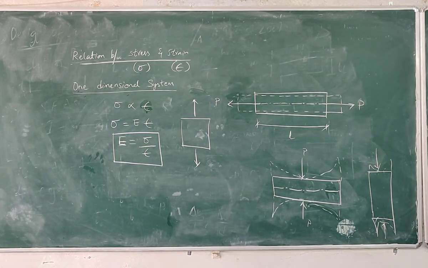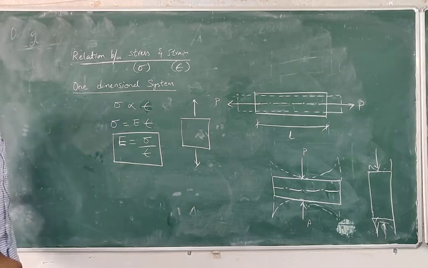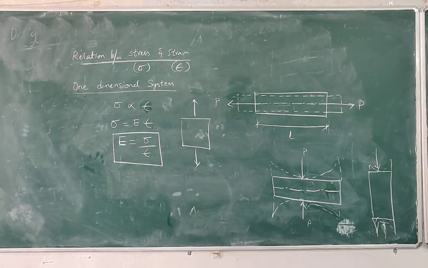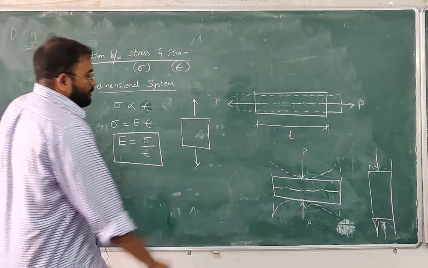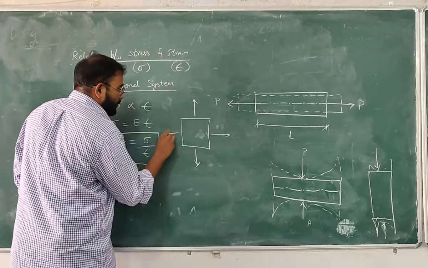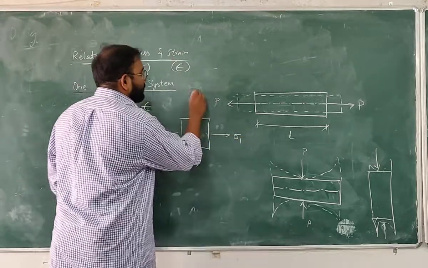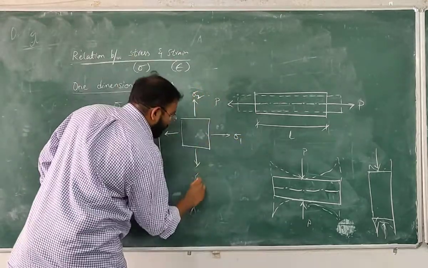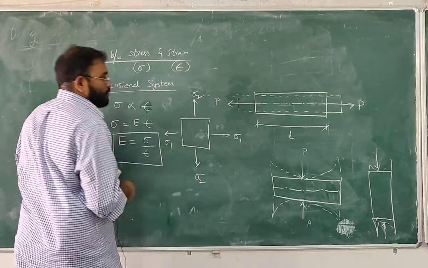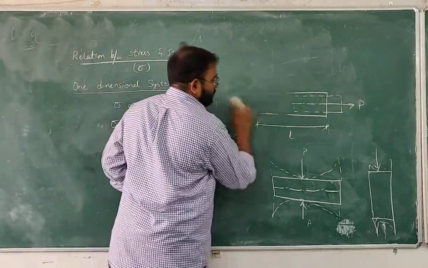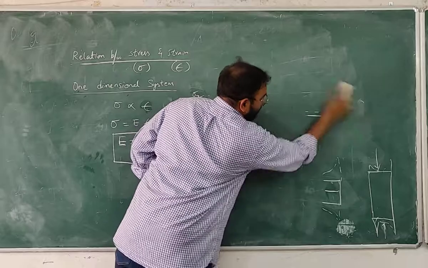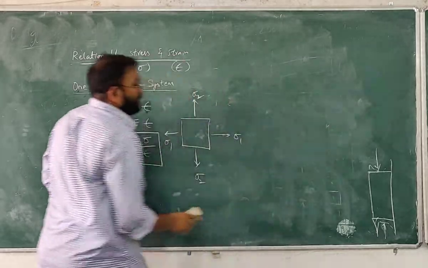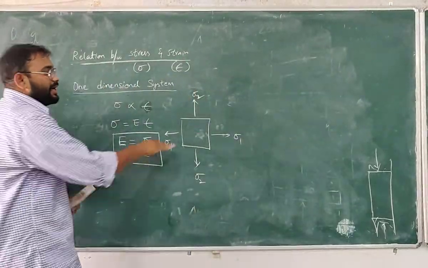Now similarly, if I have a two-dimensional system, okay, I have a two-dimensional system in which a body is subjected to axial pull in all four directions. I am denoting it by sigma 1.